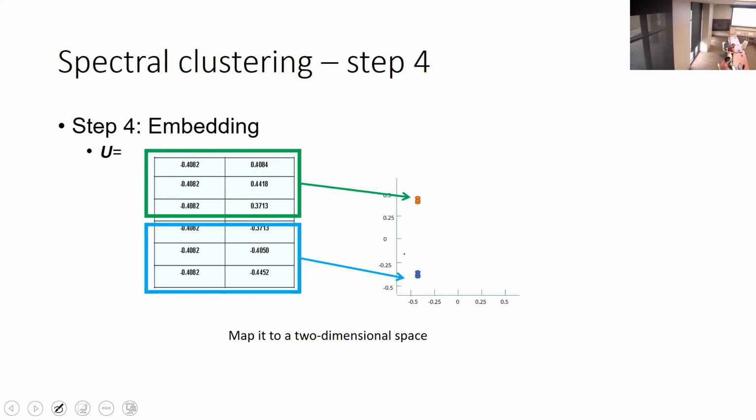So this illustration is for using the second smallest eigenvector to separate the points.